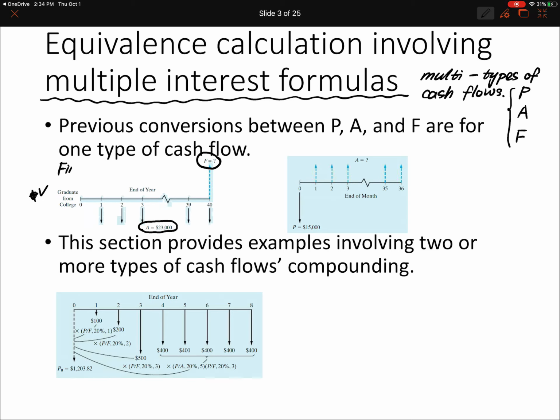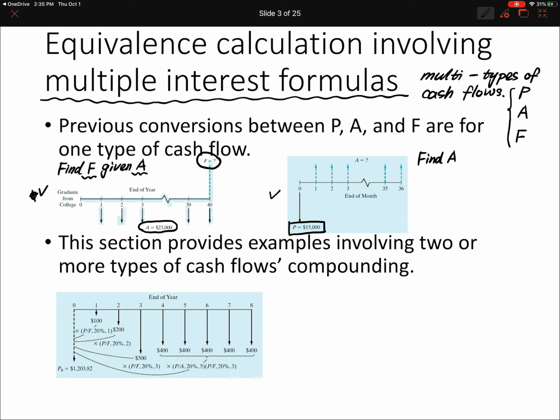So what you want to do is to find F given A, okay? And you can see that you always deal with a single type of cash flow, okay? And in another example on the right side, sometimes you are given the present value and then you're looking for the annuity equivalent to that present value, right?